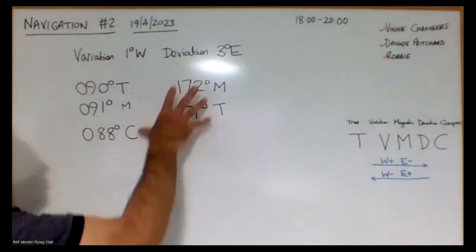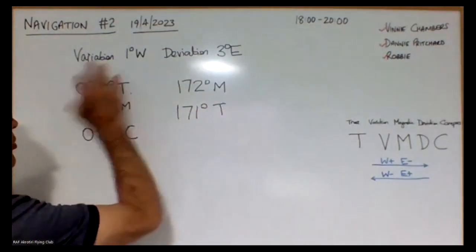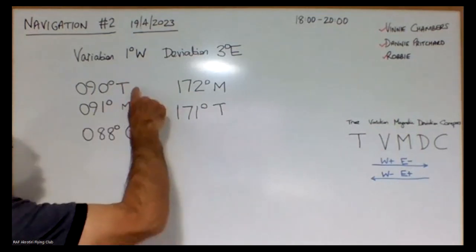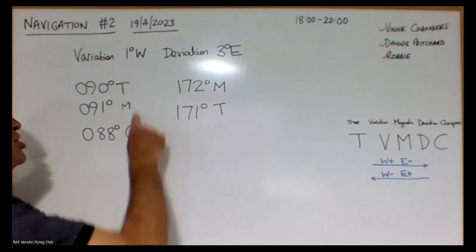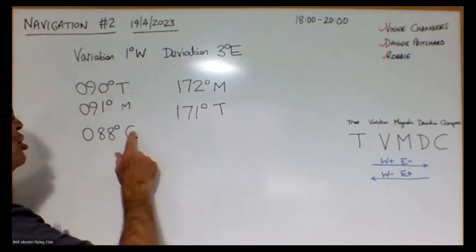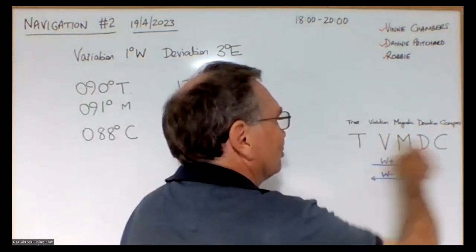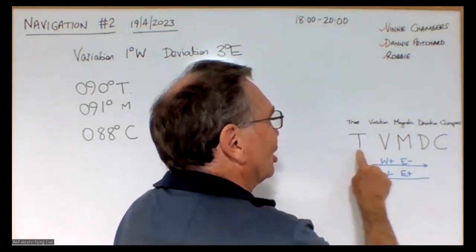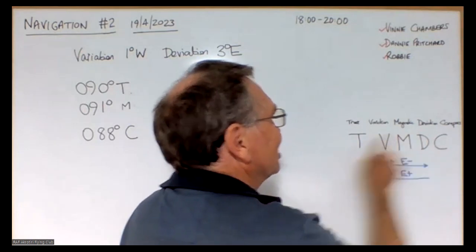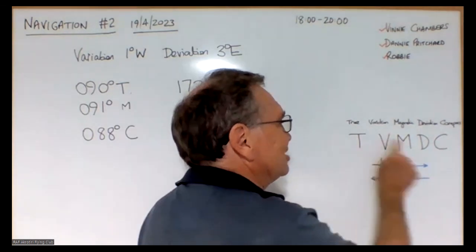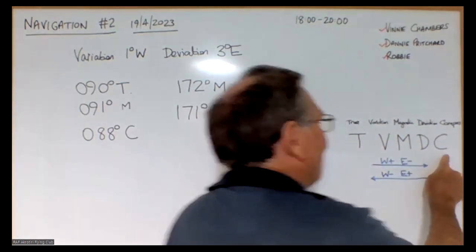So this is how we're going from magnetic to true to compass. Now, of course, bearing in mind that if you're going true to compass or compass to true, you've always got to go via the M. You can't go T to C or C to T. You can only go C to M, M to T, T to M, M to C. Yep.